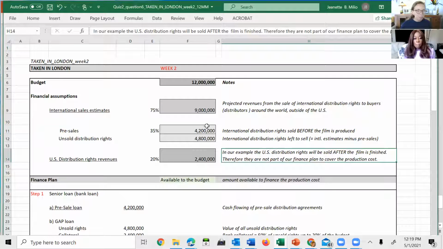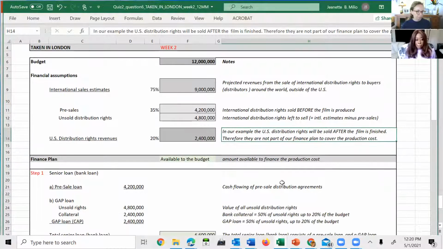The pre-sales are being sold while we're putting the movie together, so I can use them later with my bank loan, but the US rights will not be sold until the movie is finished, so I can't really get a loan for them. So when I say to you, these rights are sold when the movie is finished, that means they become part of your recoupment later when you make money with your movie. Does that make sense? Yes.